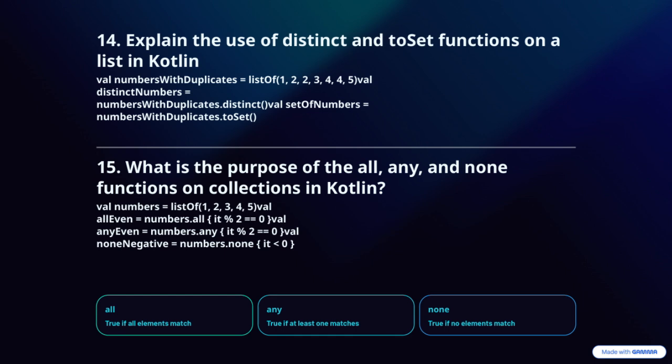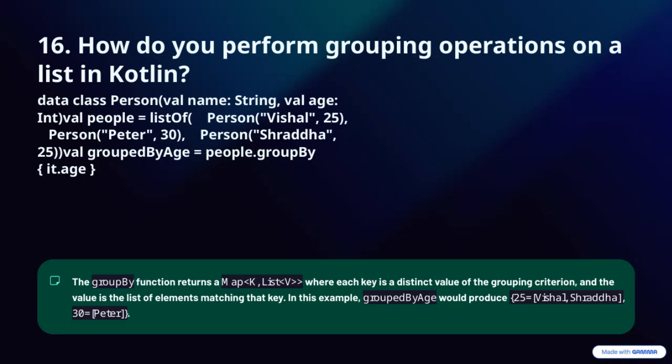So the groupBy function in Kotlin is really powerful. It returns a map where each key is a distinct value of the grouping criterion, and the value is a list of elements that match that key. In this example, if we use groupBy age, it would produce a map with keys like 25 and 30. For 25, the list would include Vishal and Shraddha, and for 30, it would just include Peter.